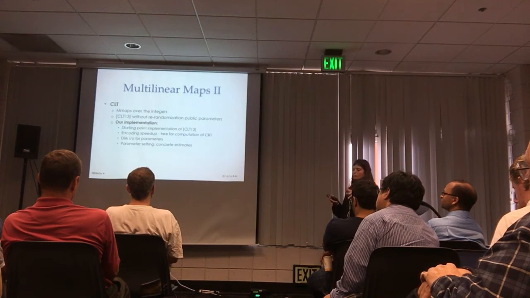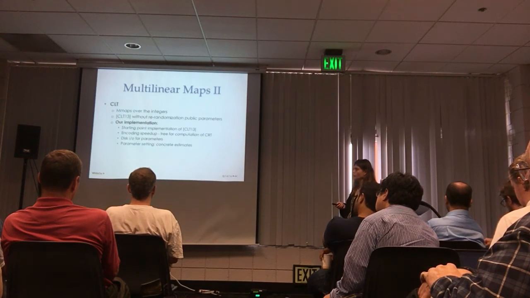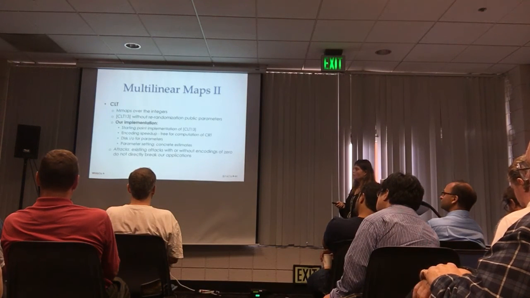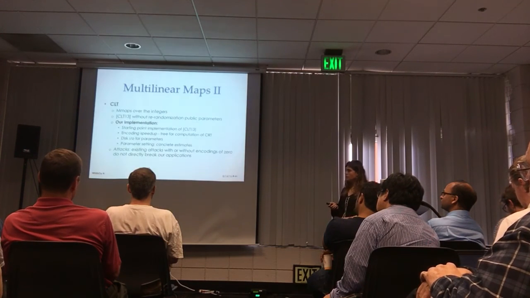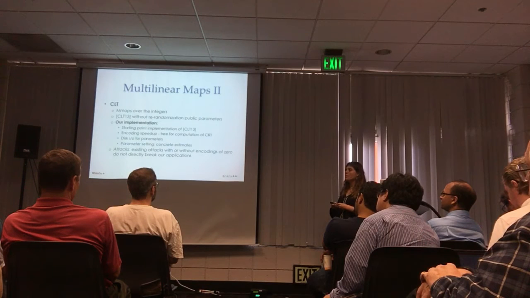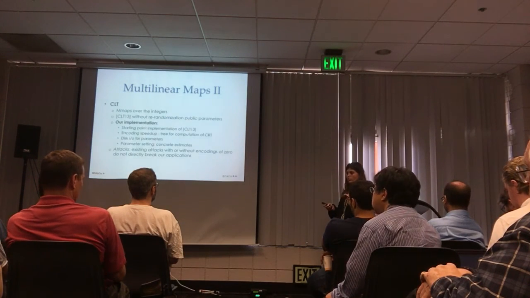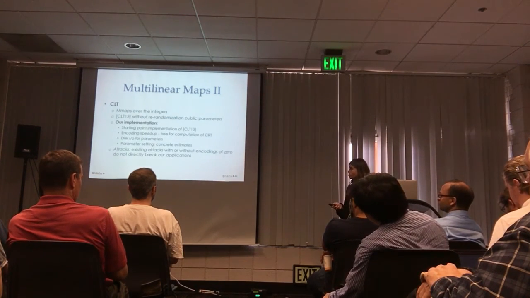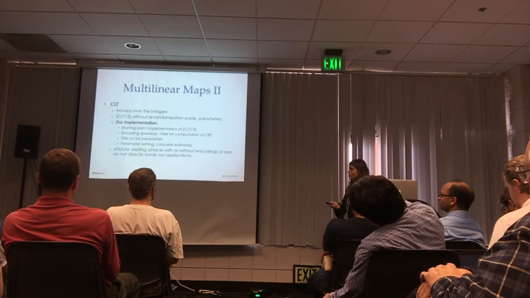In the CLT, we look more carefully into the parameters, since often the asymptotic evaluations are not very tight, so we look at how much we can optimize there. There are existing attacks on the CLT multilinear maps. None of them, I think, are directly applicable to our application for direct breaks, which doesn't mean that we won't see an extension of these attacks to our applications too.